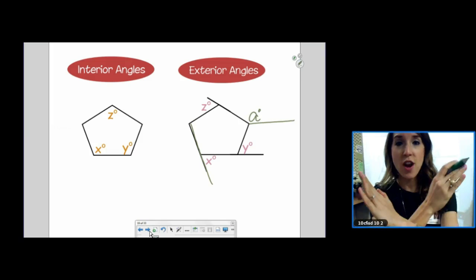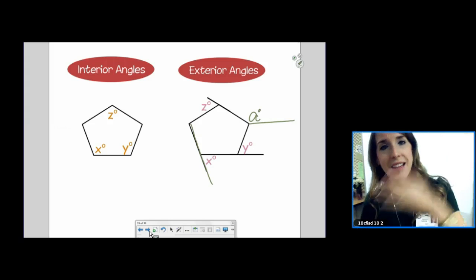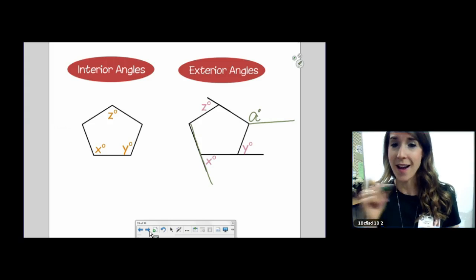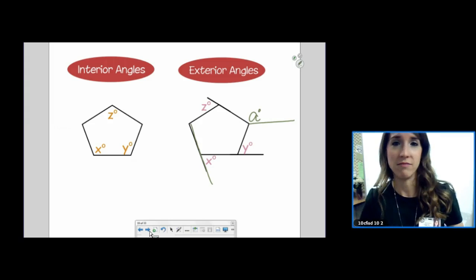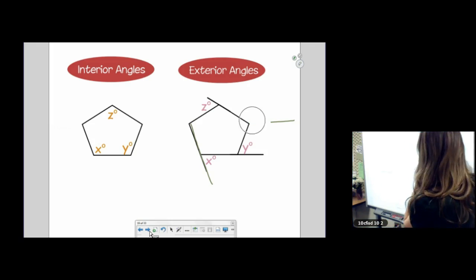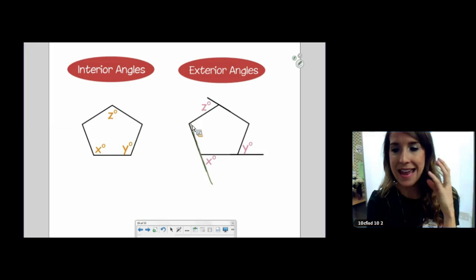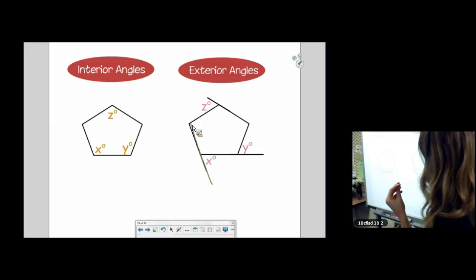A is not an exterior angle. I did not lengthen a side. I just stuck a segment out of that angle. That one has nothing to do with what we're about to learn. The exterior angles are created by extending a side.